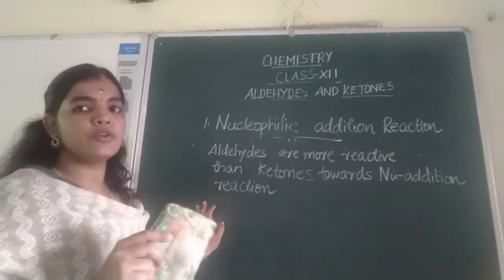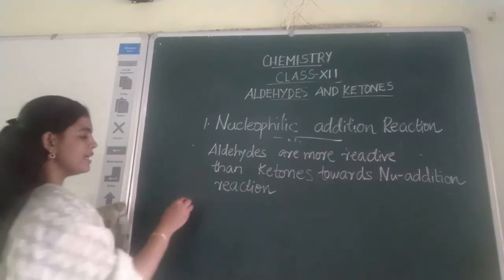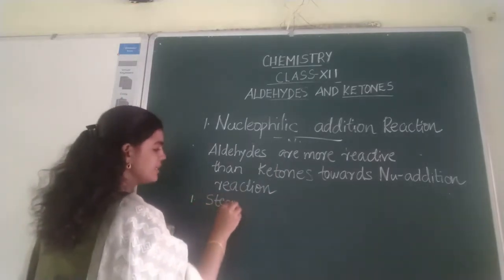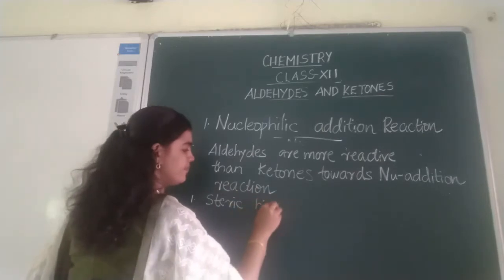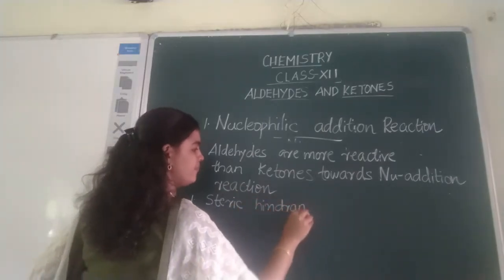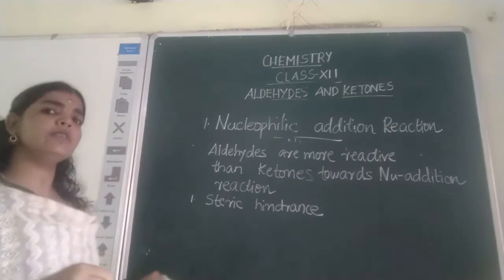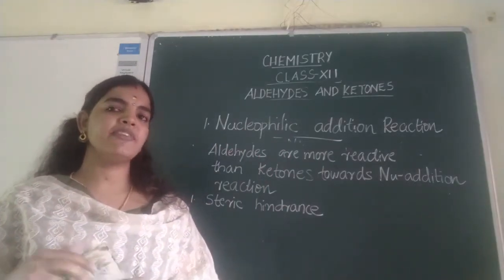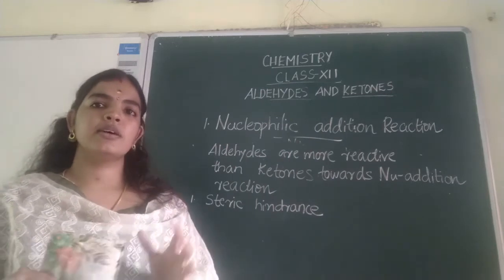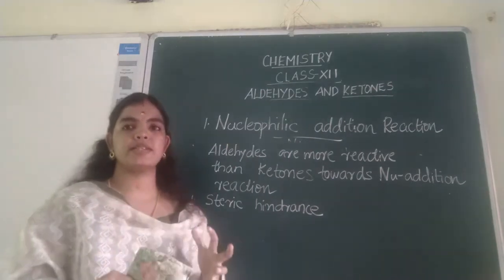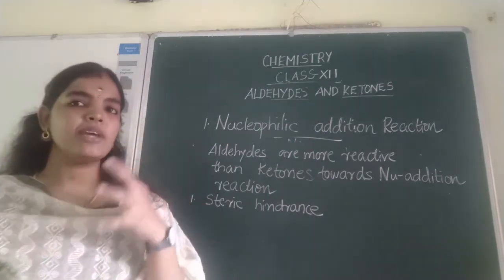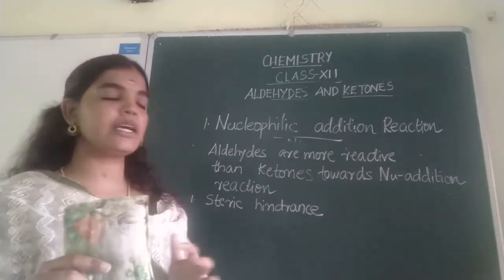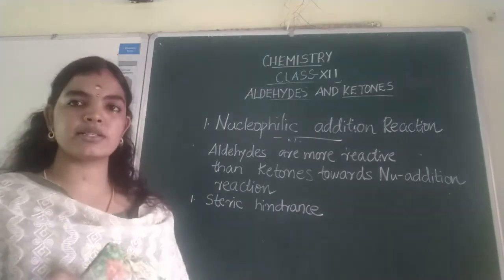And the reason for that, there are two reasons mainly, and one of the reasons is due to steric hindrance. What do you mean by steric hindrance? Steric factor means if some bulky groups are present, they will hinder some reaction, and those bulky groups generally cause this steric hindrance.